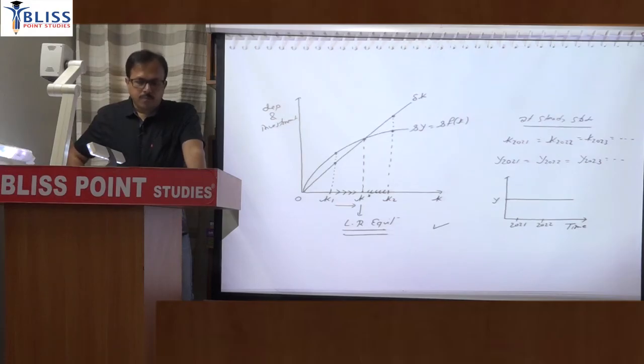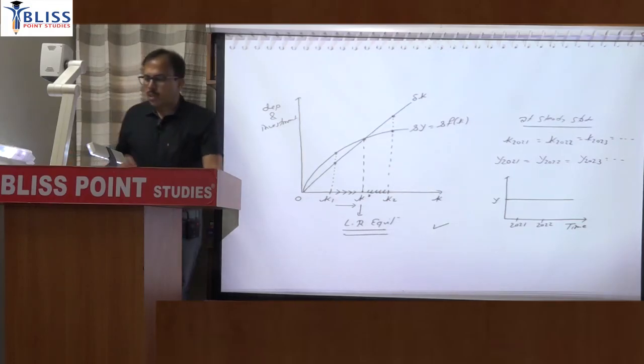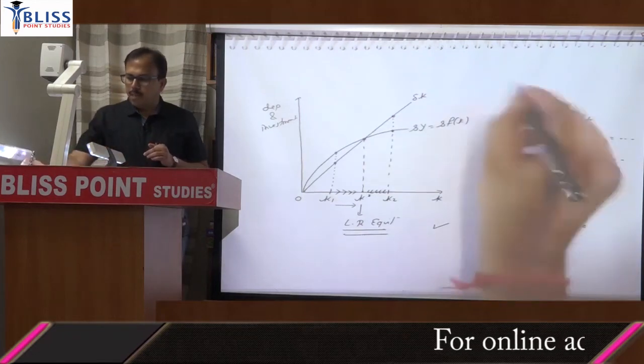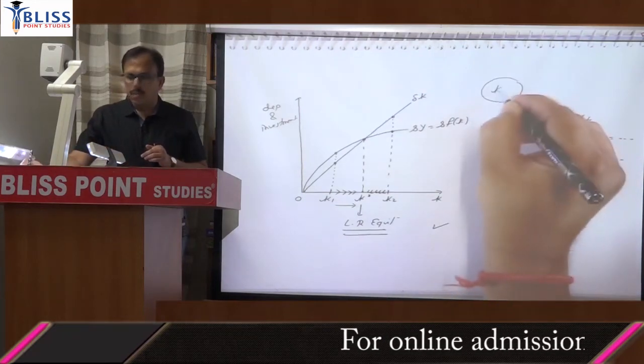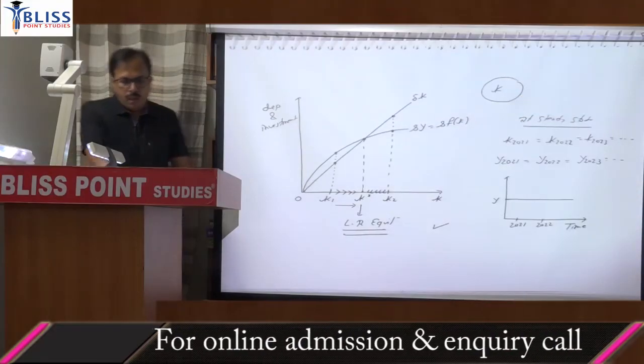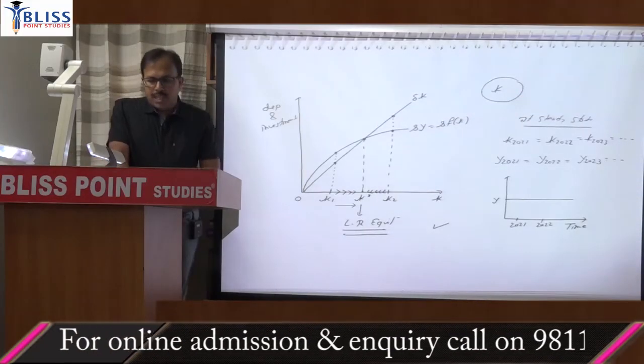But capital stock can change over time. So at any given point of time we have a given stock of capital, but that stock of capital can change over time, and those changes can lead to economic growth.